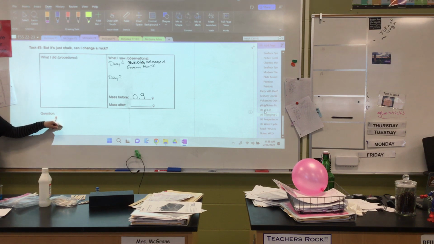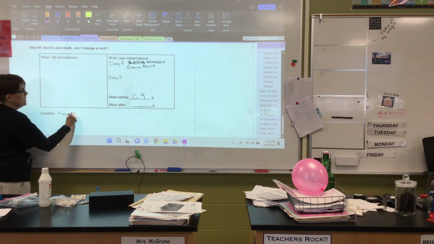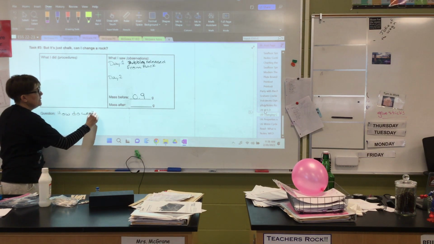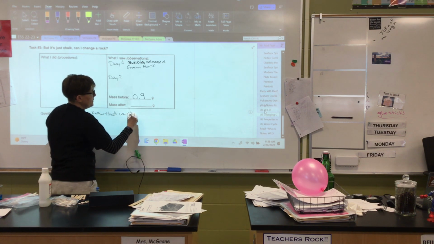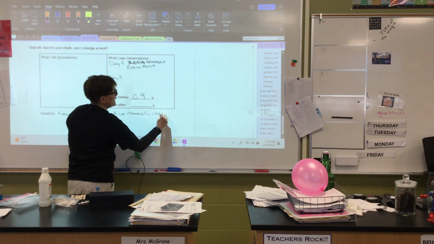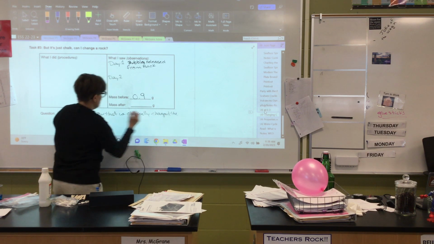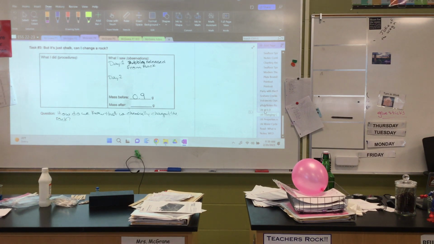My question that I want you to answer as a group at your lab table is this. How do we know that we chemically changed the rock? How do you know that you chemically changed the rock?